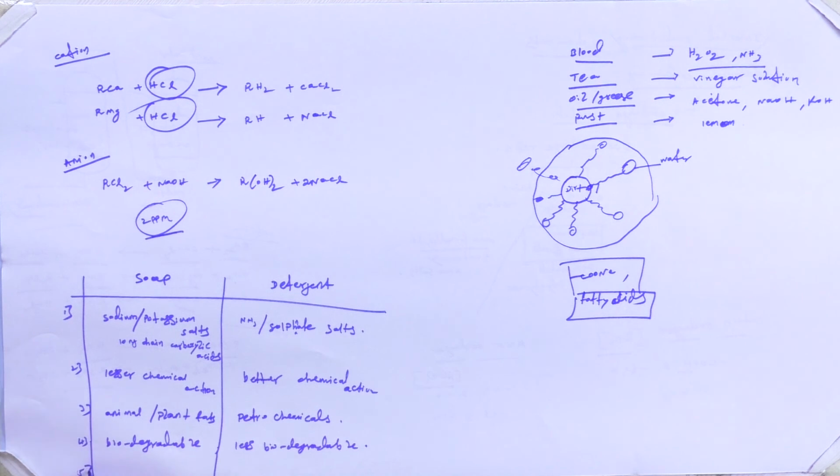And the last point: the example of soap is potassium palmitate, and the example of detergent is sodium lauryl sulfate. So these 5 points are the difference between soap and detergent.